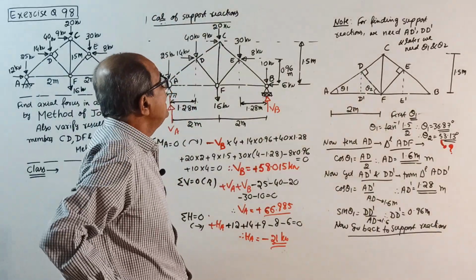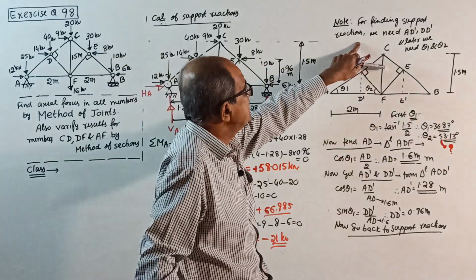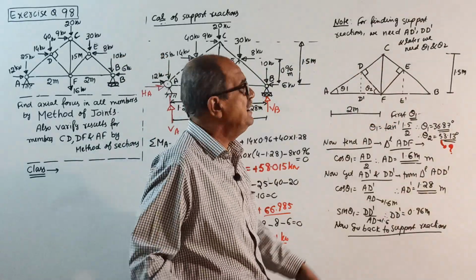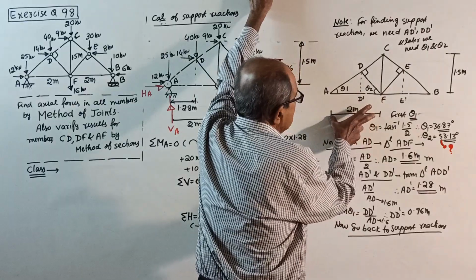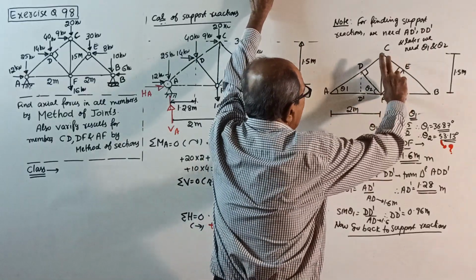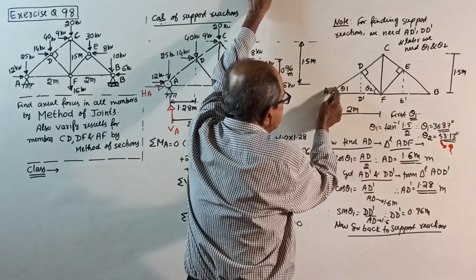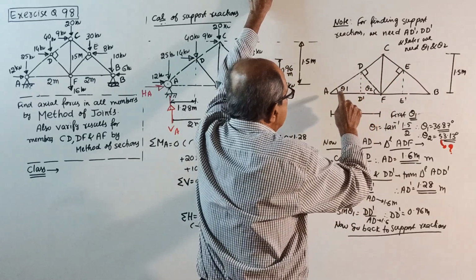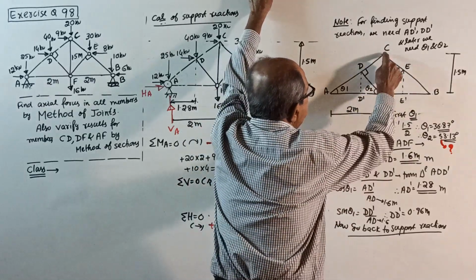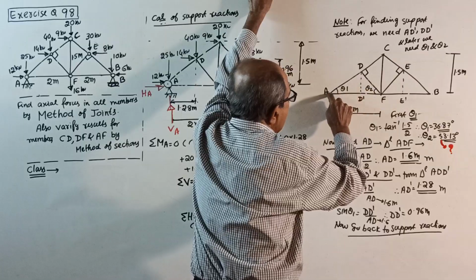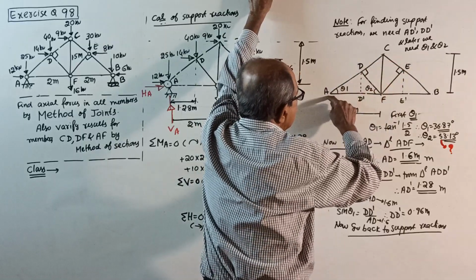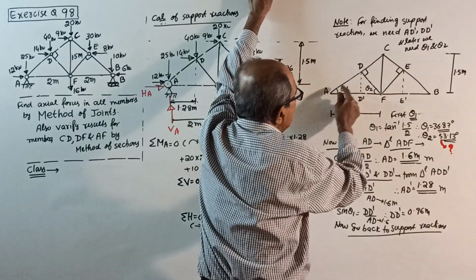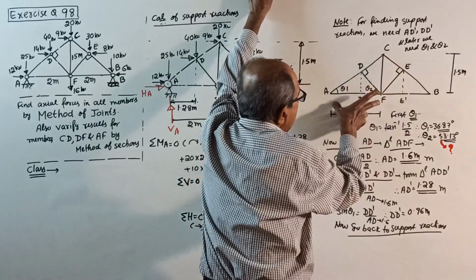So, before finding the support reaction, first you go for trigonometry. Briefly, see here. 2 meter, one side is sufficient, 2 meter. Height 1.5 meter. First you find theta 1. I will not discuss anything else. You should write triangle AFC, a right angle triangle: tan theta 1 equals 1.5 by 2.